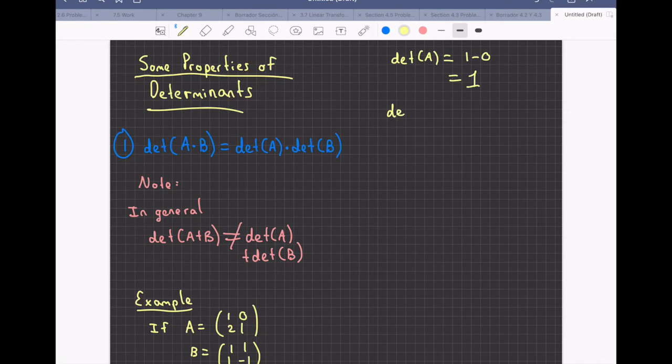And the determinant of B is 1 times negative 1, minus 1 times 1. So it's negative 1 minus 1, that is negative 2.